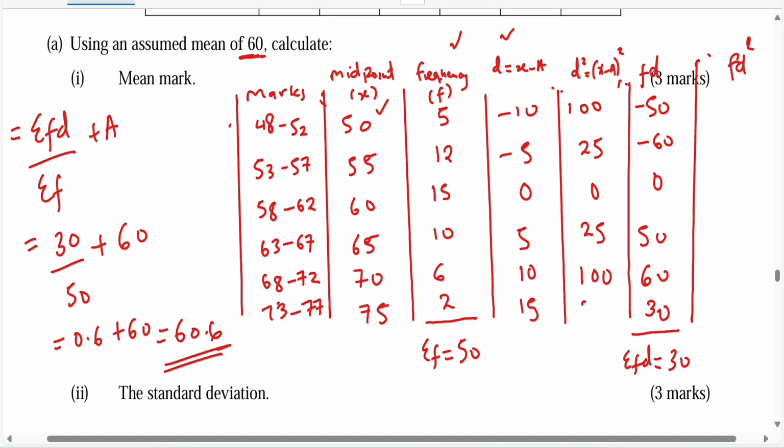Okay, after getting that, D squared will multiply by F, so it gives us FD squared.